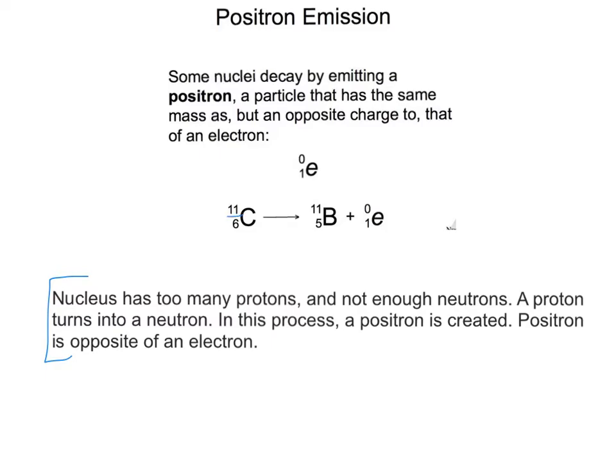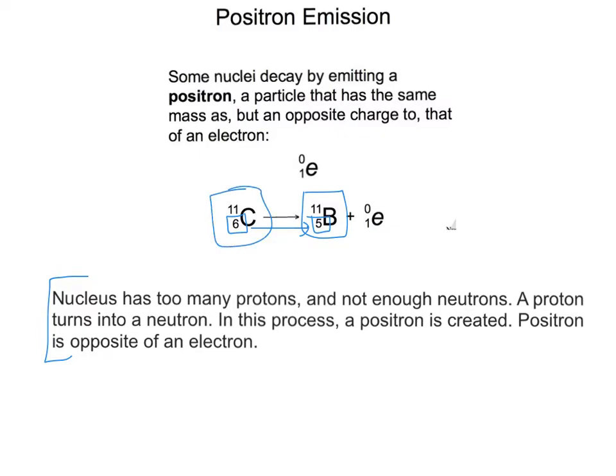In this case, you had 6 protons in the case of carbon, and you lose one, and it goes to 5. And when that happens, you become boron. So you change your element, and now this is way more stable than this was, so everything's all good.